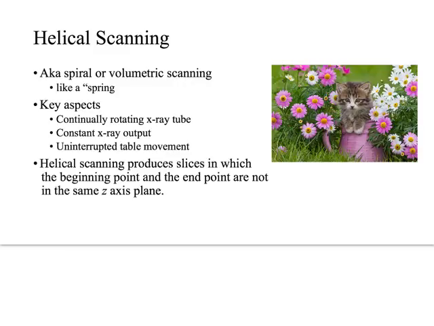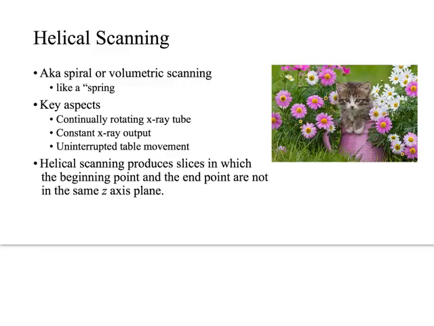And then we're going to have uninterrupted table movement. It is really important that the table is moving continuously at a continuous rate. It doesn't need to accelerate or decelerate, it needs to move just nice and easy through this thing because we're trying to do that slice.